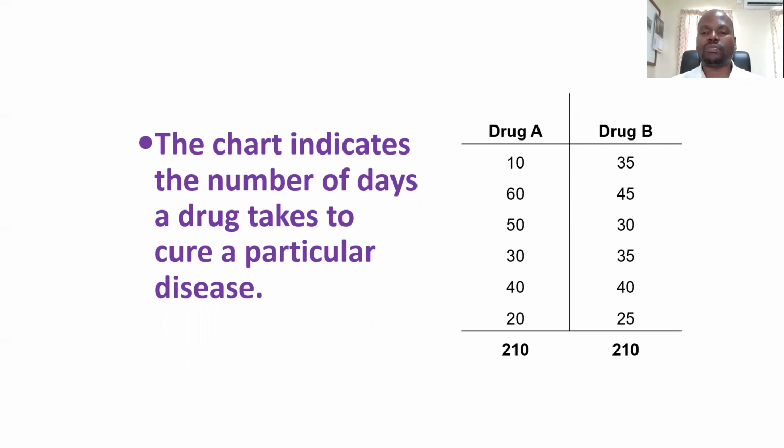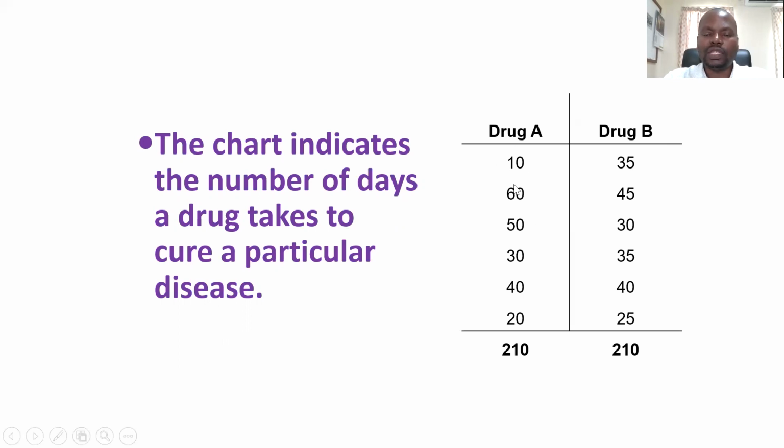How long does drug B take to cure a particular disease? And let's say that you have recruited 6 individuals who are going to be assigned to drug A, and you have also recruited 6 individuals who are going to be assigned to take drug B.